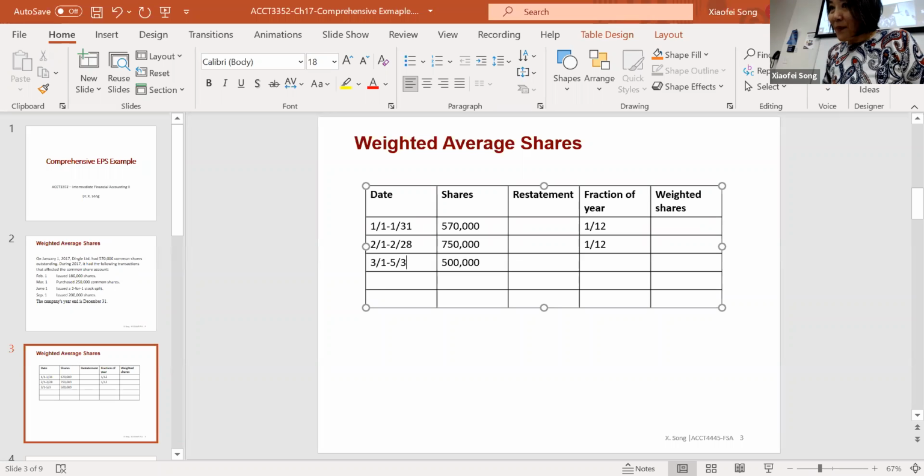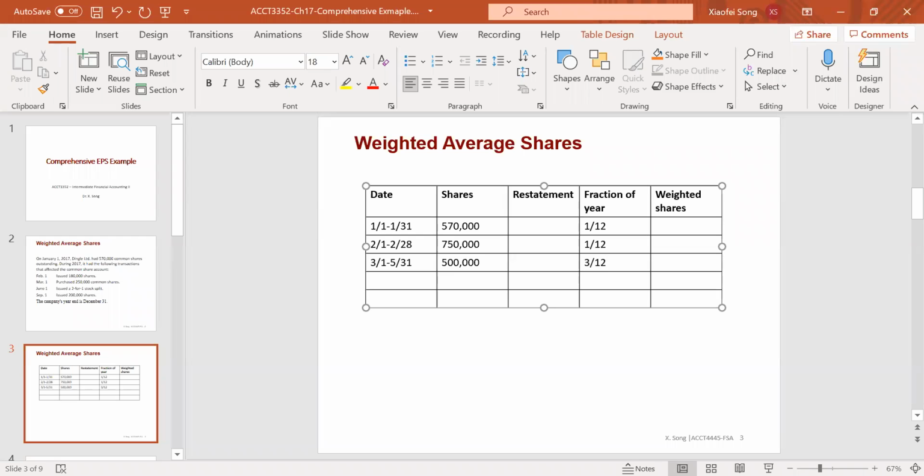How did you guys count that? When we learned that, we used January 31 and then went like that. Yes, that's fine. So that's 3 months, 3 out of 12 months.